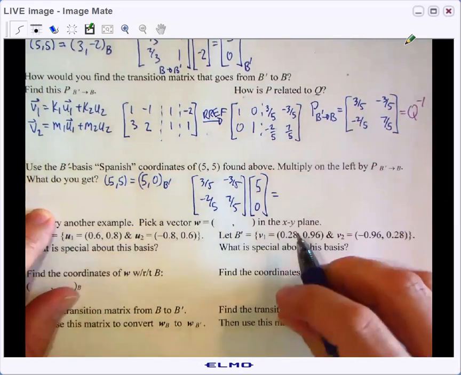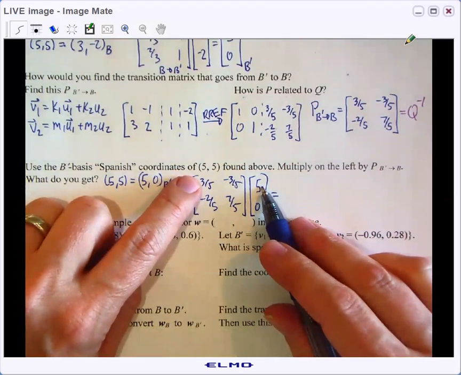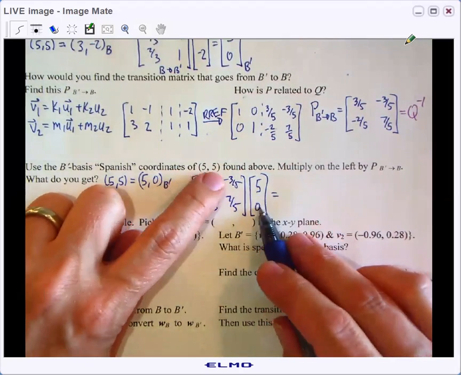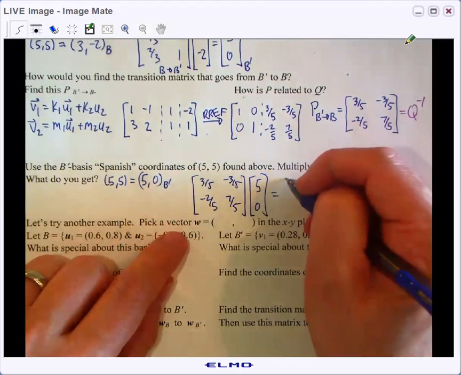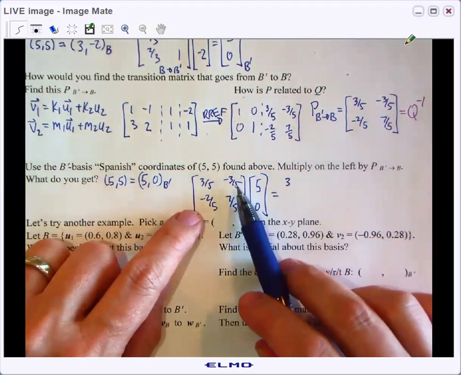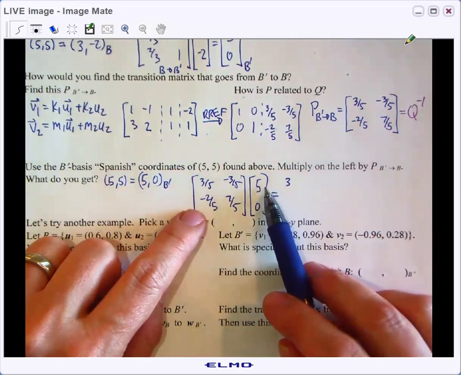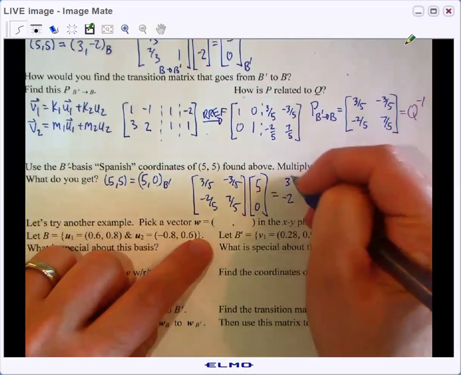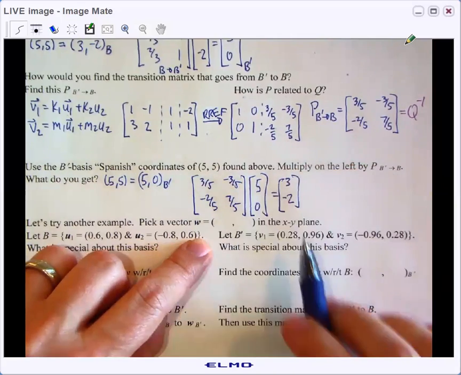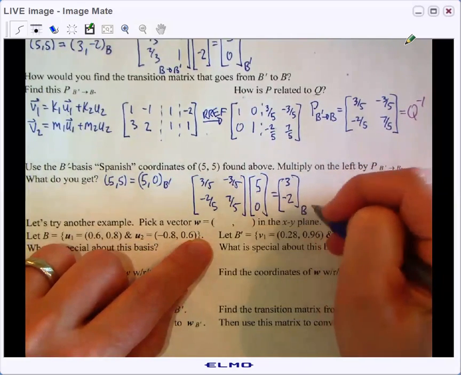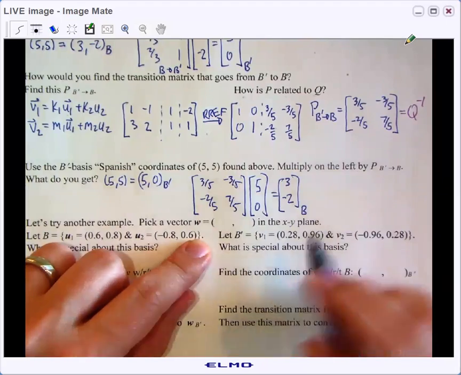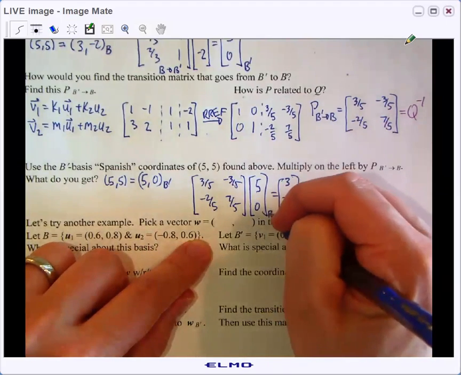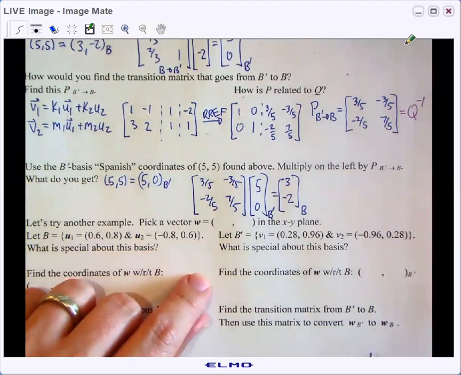So we're going to get 3 minus 0, which is 3, and we're going to get -2 plus 0, which is -2, which you'll notice are the coordinates of that same location, but with respect to the B basis coming from the B prime basis.